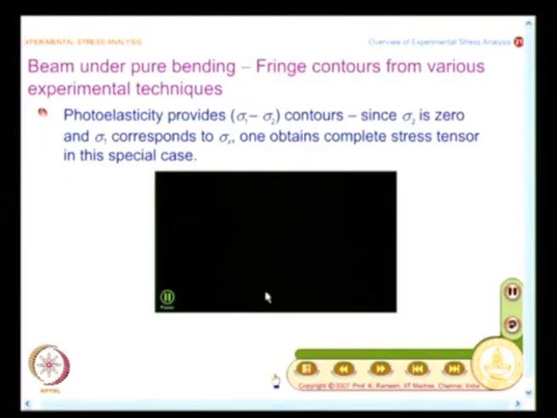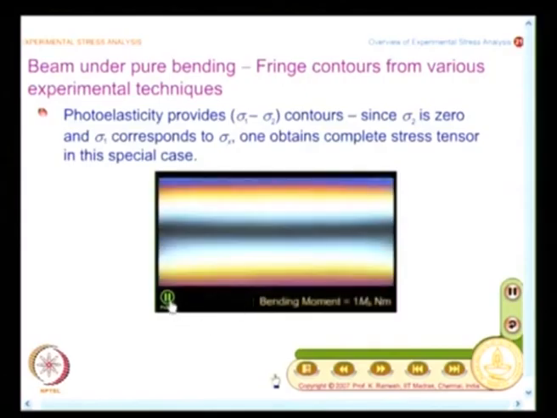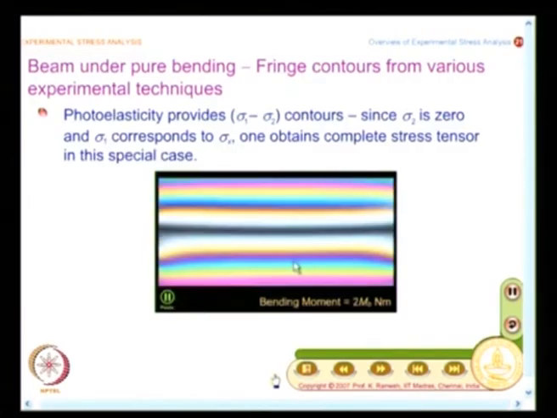And what you see here is, I have increased the load in steps of 1, and you find this is fringe order 0, fringe order 1 at the bottom, and when I double the load, I see the fringes doubled.